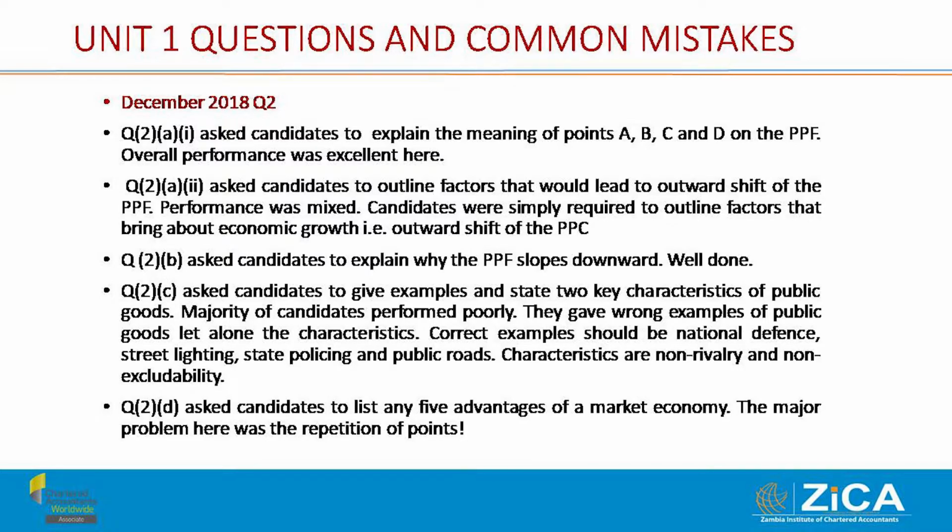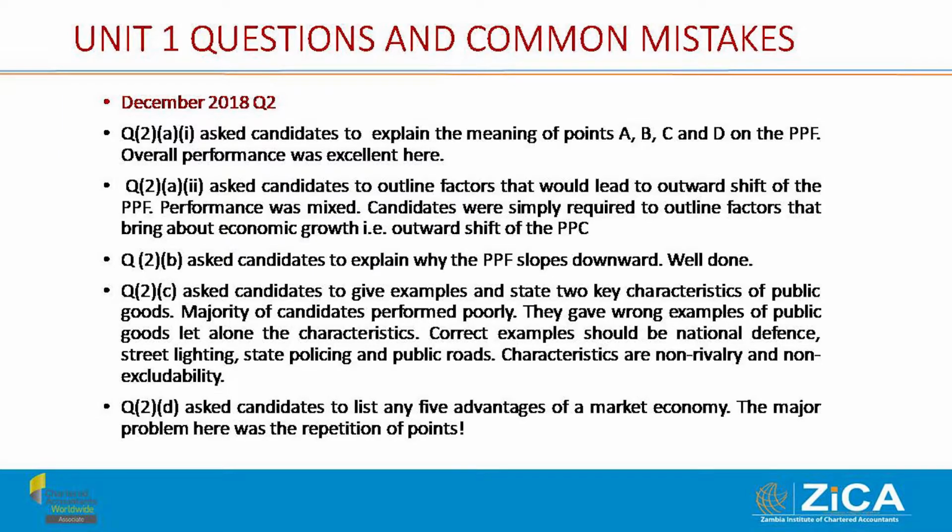There have been some questions in the past on this Unit 1. In December 2018, question number 2, there was a question dealing with the production possibilities curve where various points were given and the candidates were required to explain what those points were supposed to be.